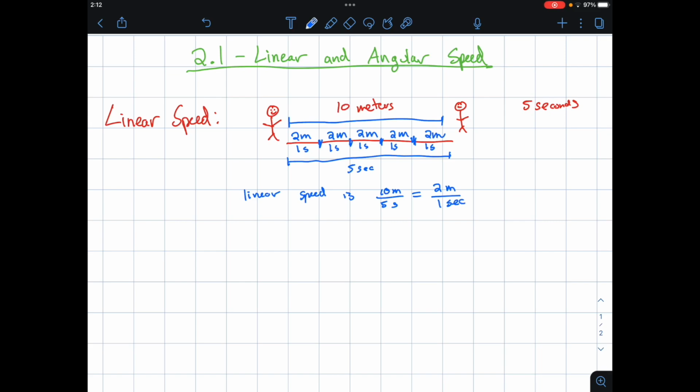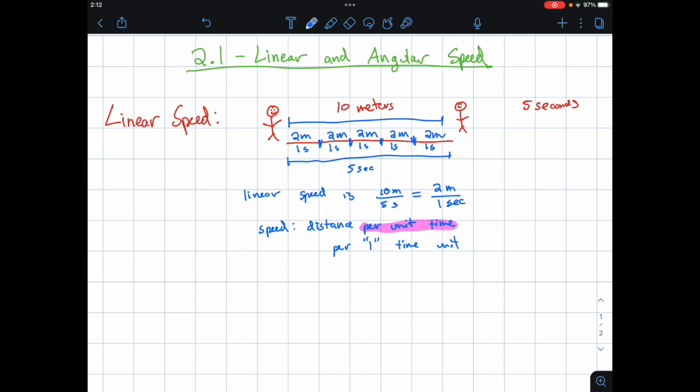Okay, we usually like to have our speed as some distance per unit time. And what this per unit time is referring to is per 1 time unit, whatever we're choosing here.